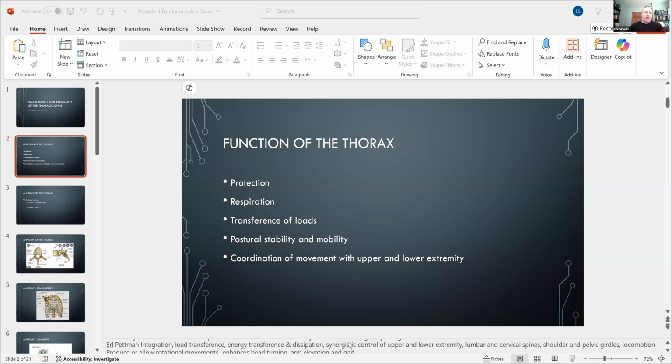Earl Pettman talks about this a lot, the integration, load transference, all this sort of stuff. Basically, we have to be able to provide a stable base for the different girdle mechanisms to function properly, right?